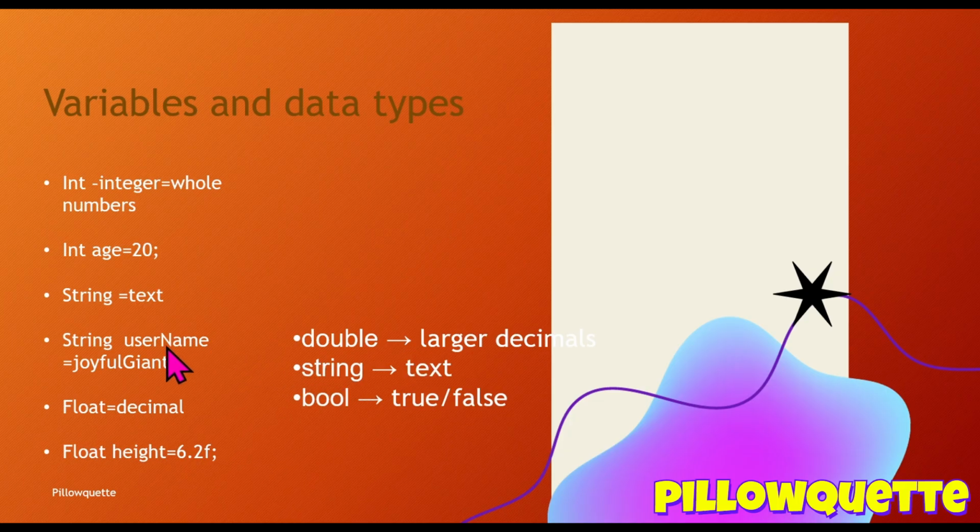Maybe you have a username. You can see that for my username, I wrote user and then Name in capital. This is camel case, which is used when writing programming languages. It's not compulsory, it just makes it distinctive and interesting. So now for string, we said strings are text, right?